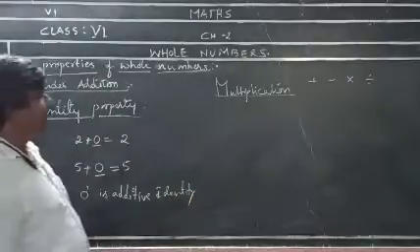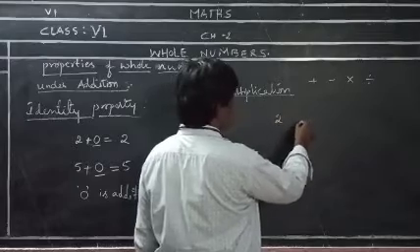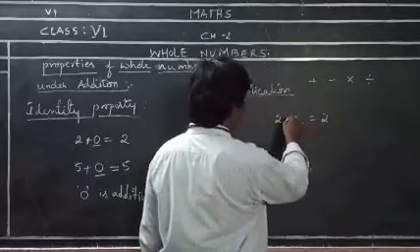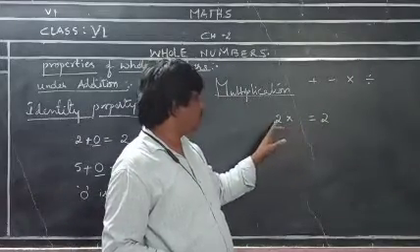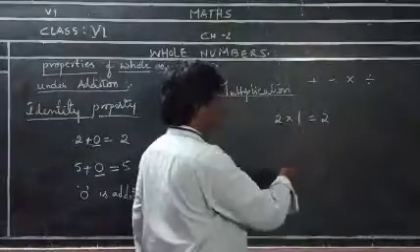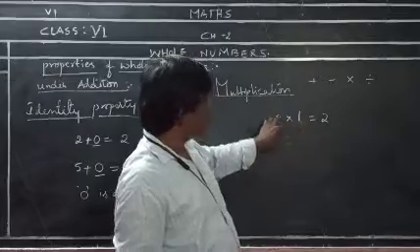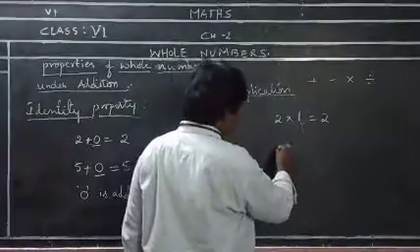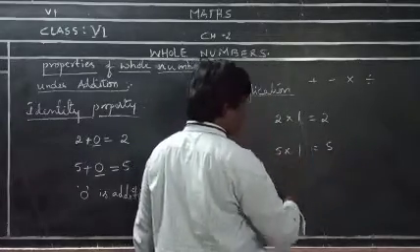Now coming to multiplication. Same thing. I will take one whole number like 2. I want the result 2 to multiply. By what number if I multiply this number, the result is the same? Means 1. If I multiply by 1 to the given number, I will get the same number as a result. Not only that, suppose I take 5, I will get 5 if I multiply this 5 by 1.